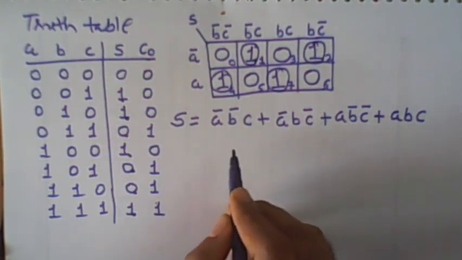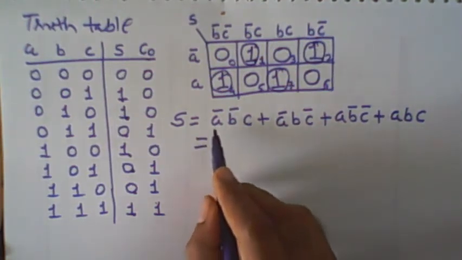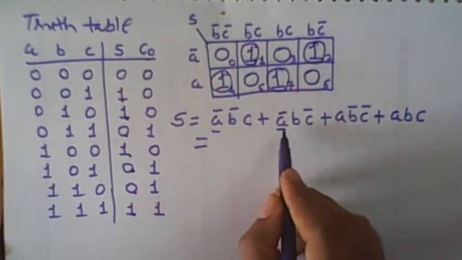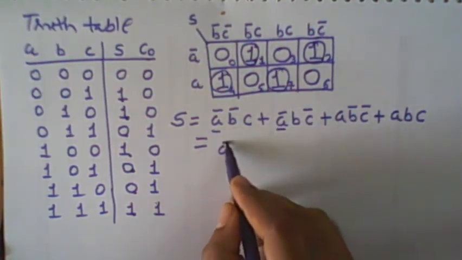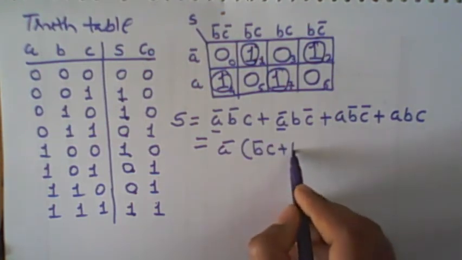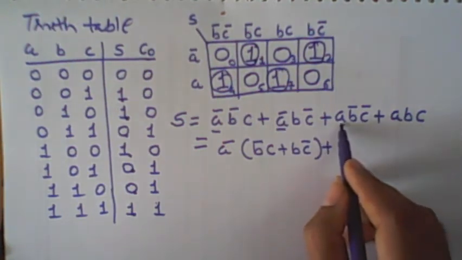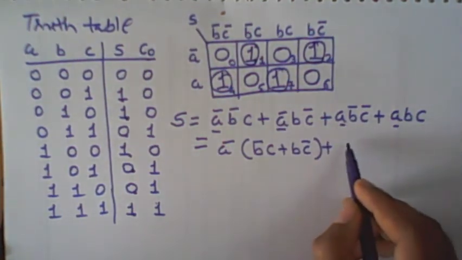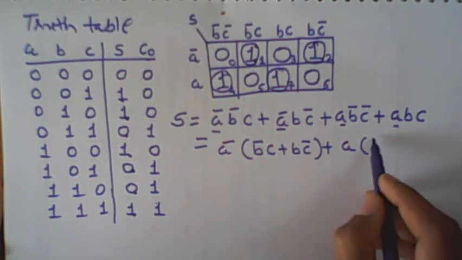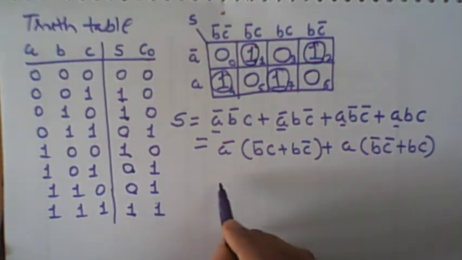Right? That can be written in terms of XORing. If we take A bar as common from the first two terms, then in the bracket it is B bar C plus B into C bar. And from the last two terms, let's take A common, then in the bracket it is B bar C bar plus B into C. Right?